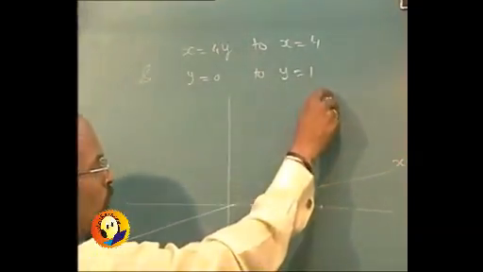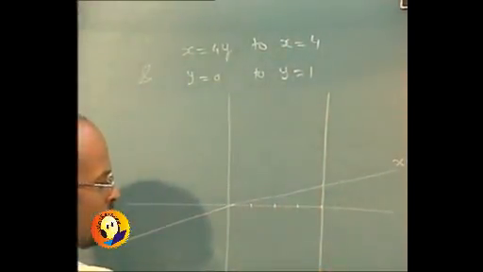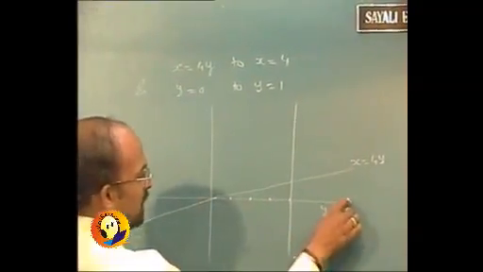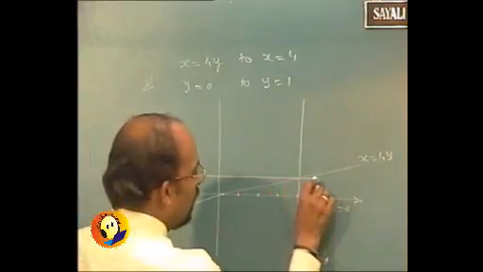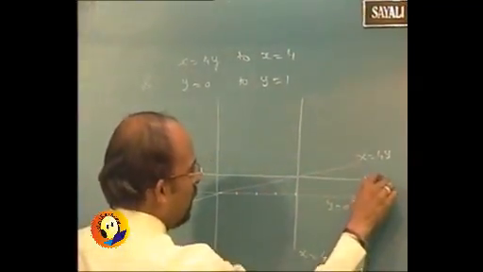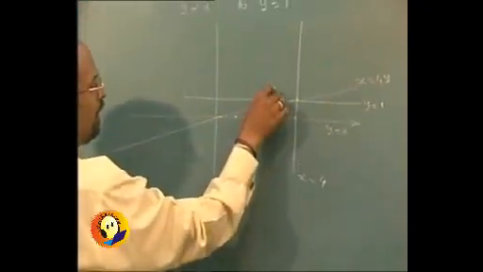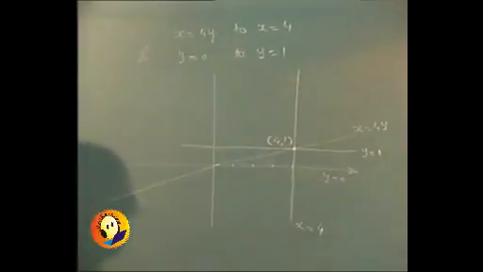X equal to 4 is a straight line like this. Y equal to 0 is a straight line which is x-axis, and y equal to 1 is a straight line like this, because we have already got 4, 1 as the point through which we are passing.